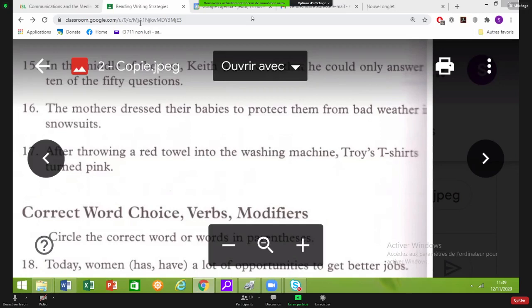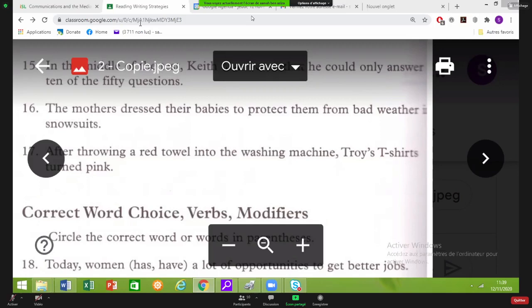Troy found his t-shirt turned pink. Okay, how can we fix it better? Troy threw the red towel in the washing machine, and after, he found his t-shirt turned pink. And then his t-shirt turned pink after he threw. Here I don't think there is a problem. It's a correct sentence.